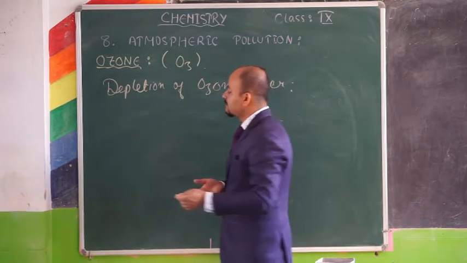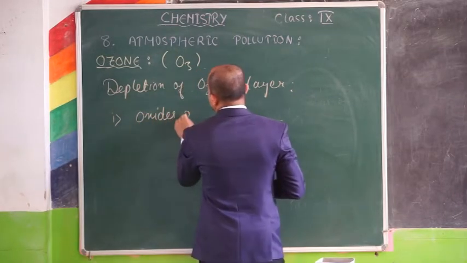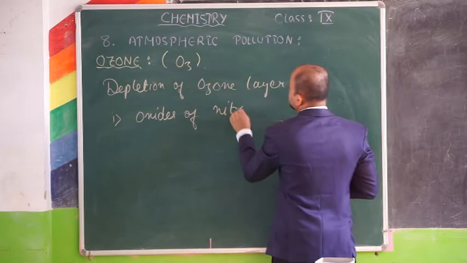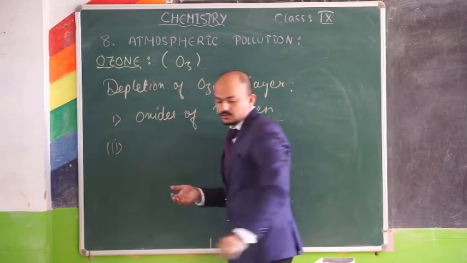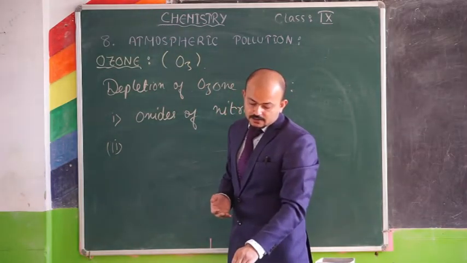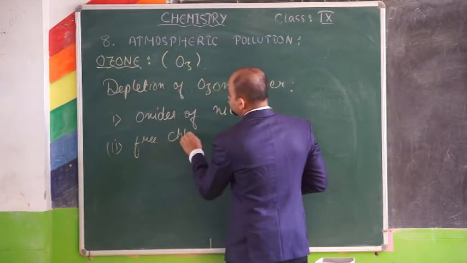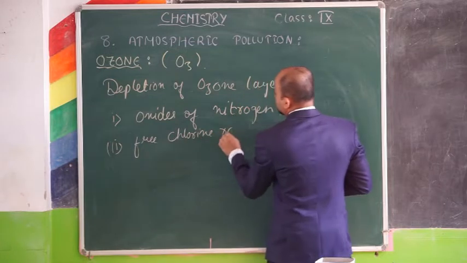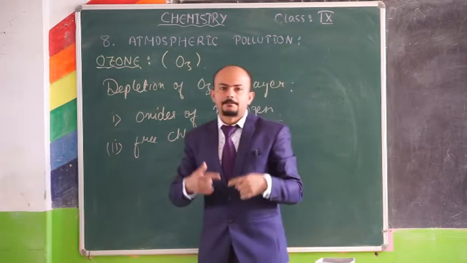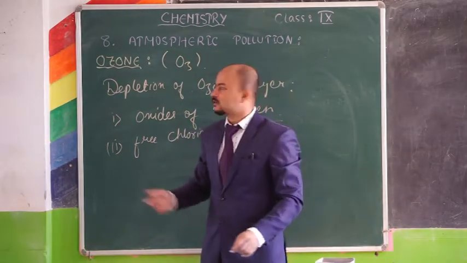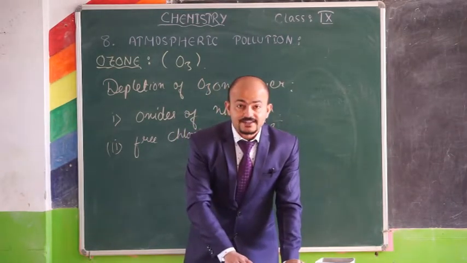There are mainly two factors. One is oxides of nitrogen, and the second one is free chlorine radical. These are the main chemicals which interfere with the equilibrium between oxygen and ozone and cause depletion in the ozone layer.